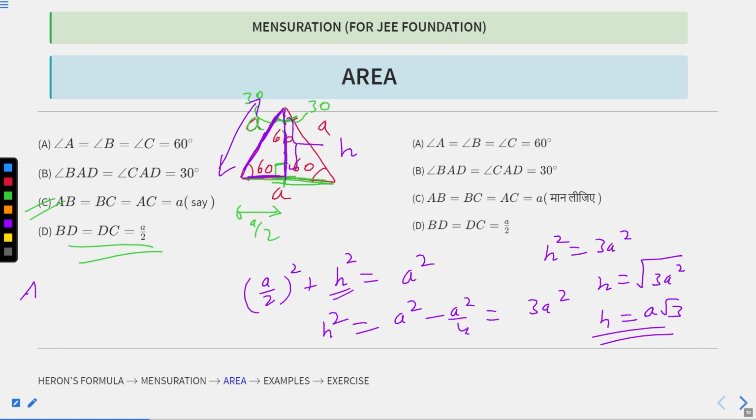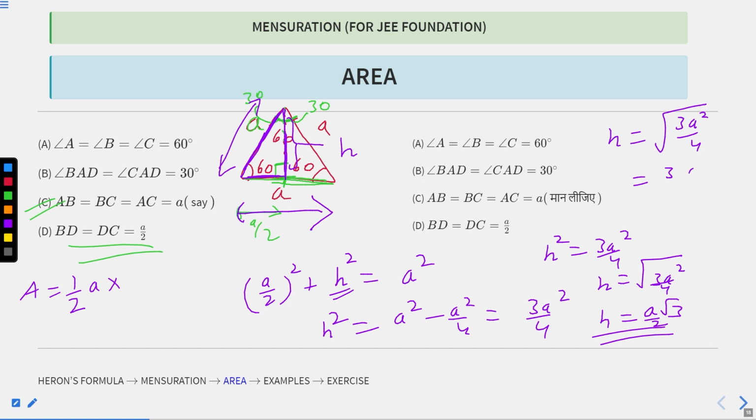Now the formula for area is half into base into height, where base is this whole a.